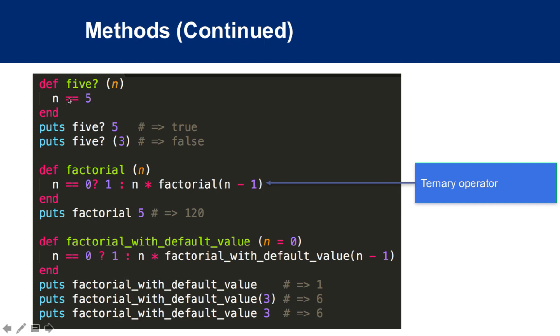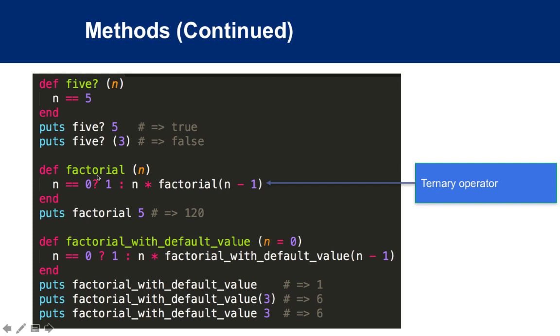And if it's 5, it's true, and there's no return needed because n == 5 is automatically evaluated to true or false, and that is what's returned. So puts 5? on a 5 is going to be true, puts 5? on a 3 is going to be false. And parentheses are optional, so you could either not have parentheses when you call a method, or you could have parentheses, it doesn't really matter.